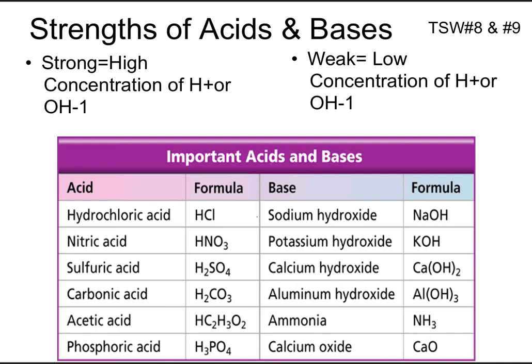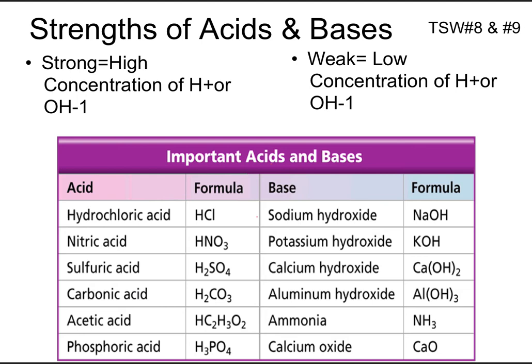So there are several different types of acids and bases, and we usually classify these according to their strength in terms of how well they will dissolve things or how well they will interact with different compounds. We use the term strong when an acid or a base is extremely concentrated, full of hydrogen ion or OH ion.